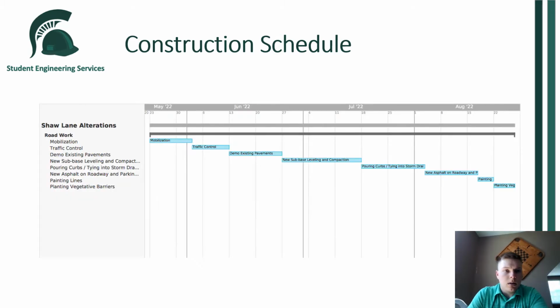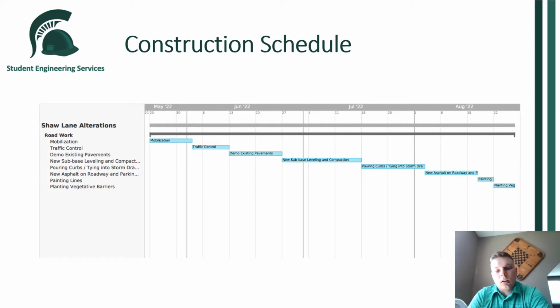Here's the second part of the construction schedule. This construction schedule just has the Shaw Lane alterations work on it. This timeline is based off of the fact that we're going to do a full closure. The full closure allows us to get it done a lot faster because we can do everything at one time.